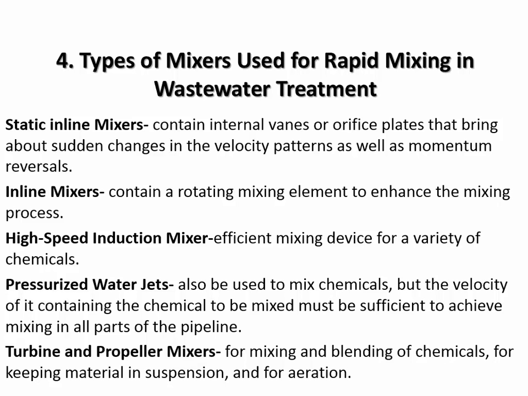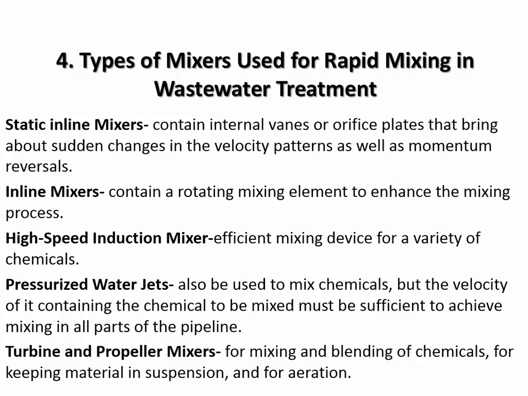And the types of mixers used for rapid mixing in wastewater treatment. There are 5 mixers: the static inline mixer, the inline mixer, the high-speed induction mixer, the pressurized water jets, and the turbine and propeller mixer.